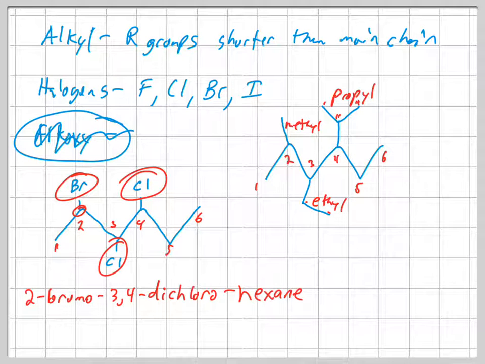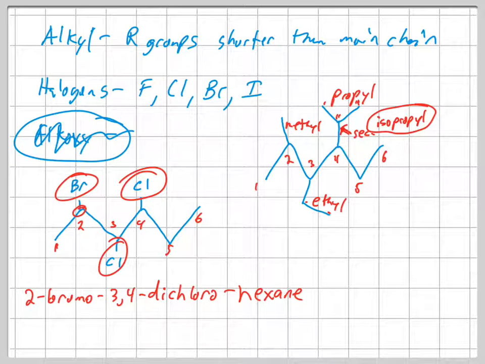But the bond is not on the very first in the propane chain, it's on the second. So that's going to be secondary propyl. It's on the second carbon instead. The common name for that is actually isopropyl. All right, when it's on the second of the propyl substituent.